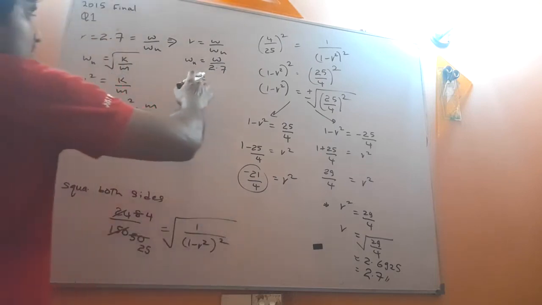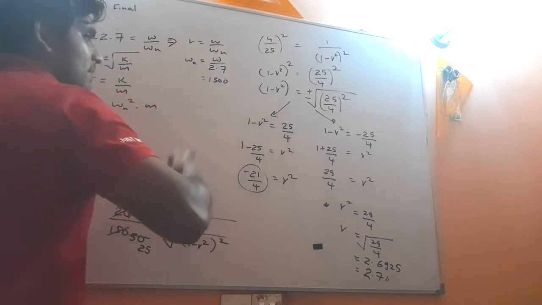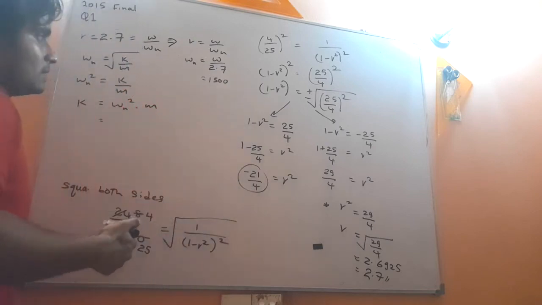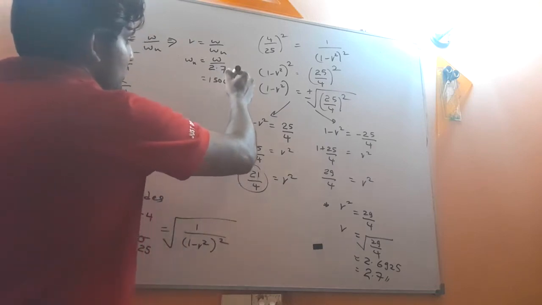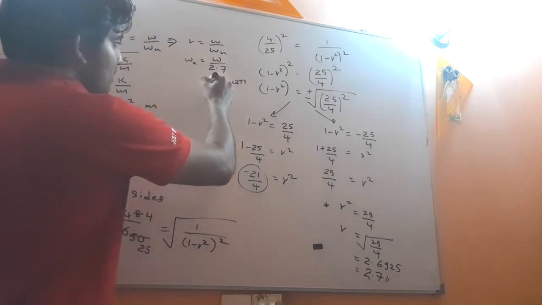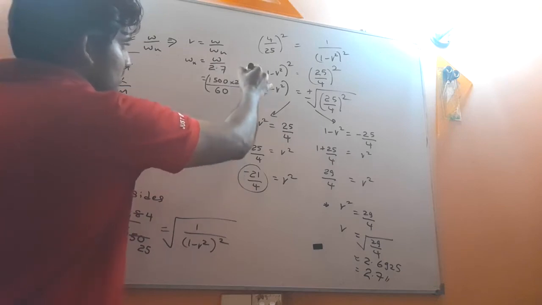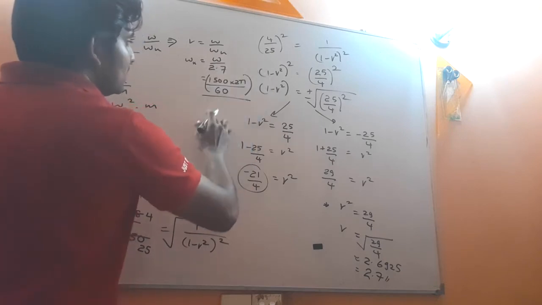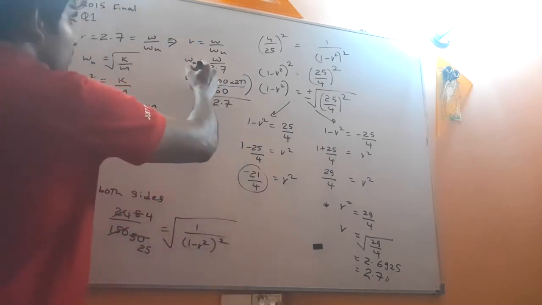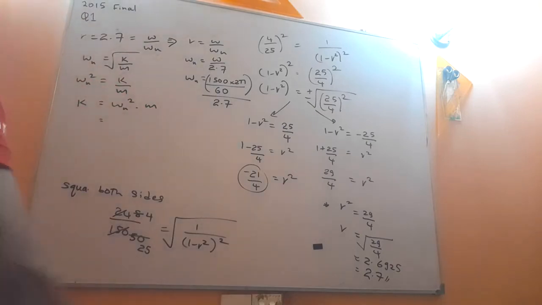So 1500 is given in revolutions per minute. If you want to get the angular velocity, 1500 multiplied by 2 pi divided by 60, and this answer you again have to divide by 2.7. So now you know omega n, and you have to square that.